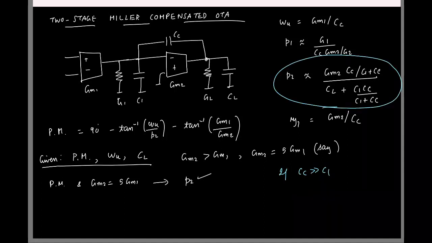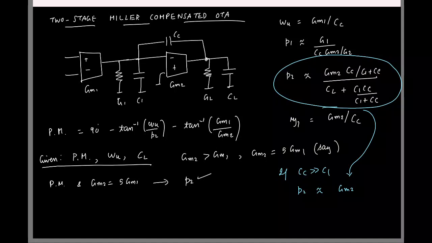Then this fraction is approximately 1, the numerator is GM2, and in the denominator we have CL plus C1. What can I approximate CL plus C1 as? CL, because C1 is going to be small, and CL is a load capacitor that I want to drive, which is going to be large.